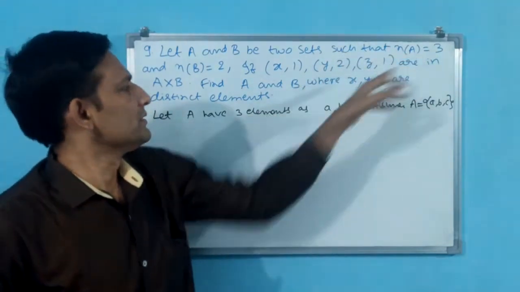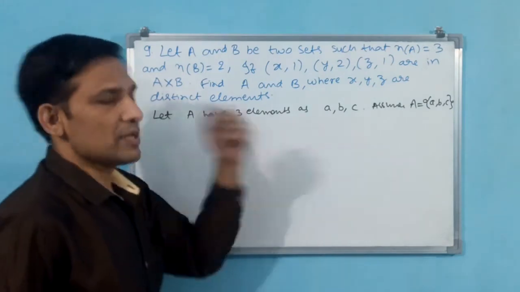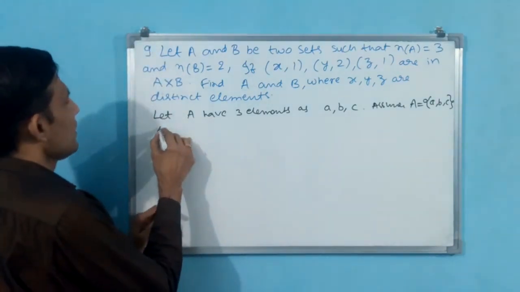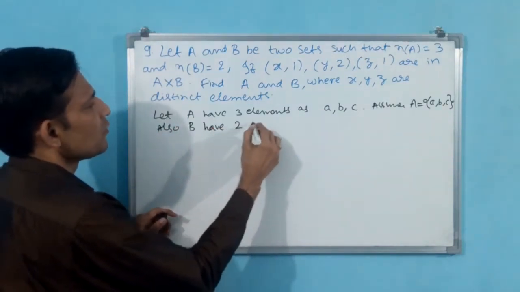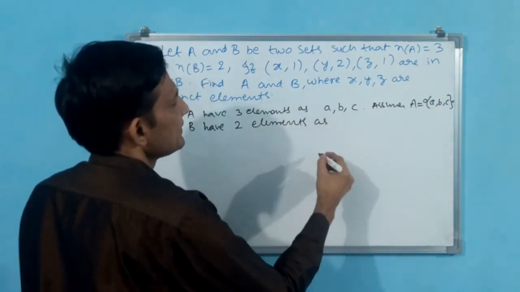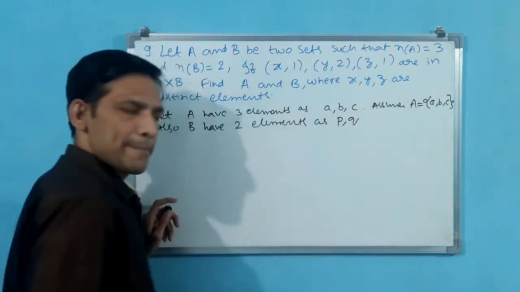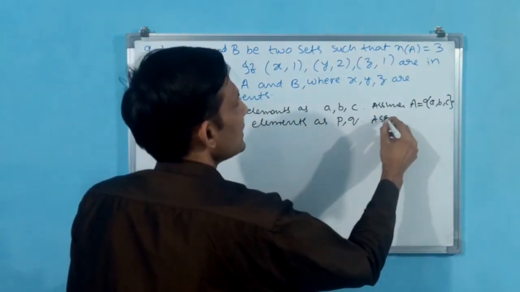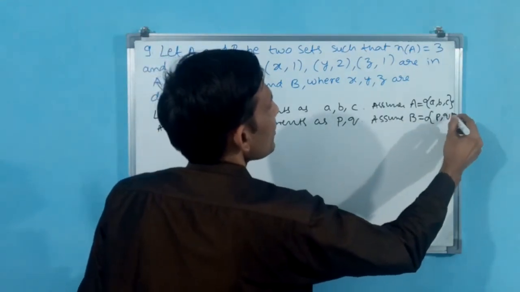He only told 3 elements; we don't know what those elements are. Also, B has 2 elements. Now you take these as p, q. Assume B is equal to {p, q}.